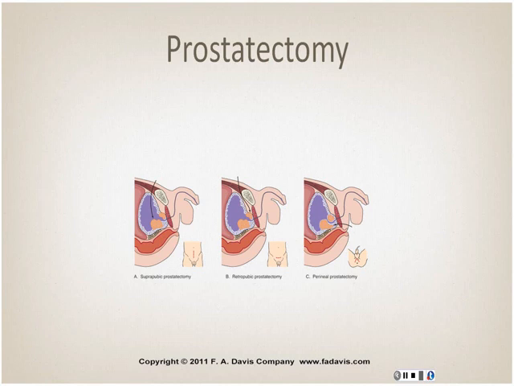They can do it in an open fashion where they make an incision in the lower abdomen, or make an incision between the scrotum and anus, although the one between the scrotum and anus is rarely done because of the increased risk of problems with incontinence. And then it can also be done using laparoscopy. So there are lots of different ways that this surgery can be accomplished.